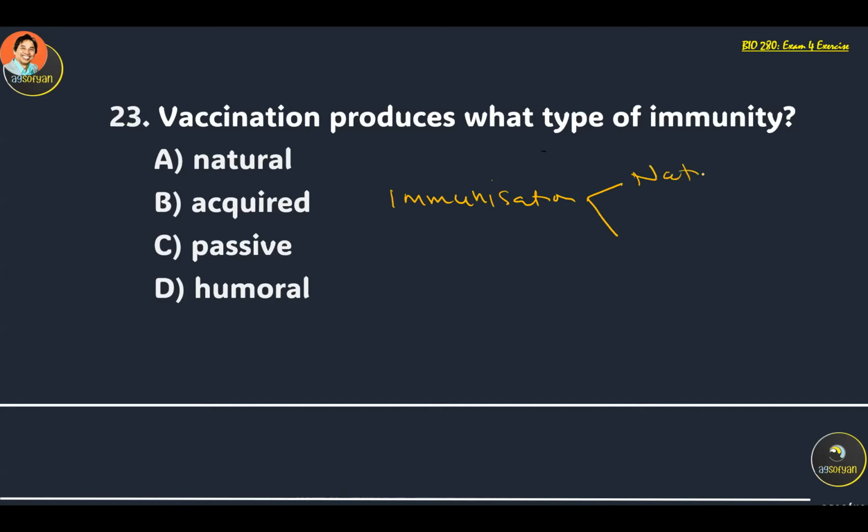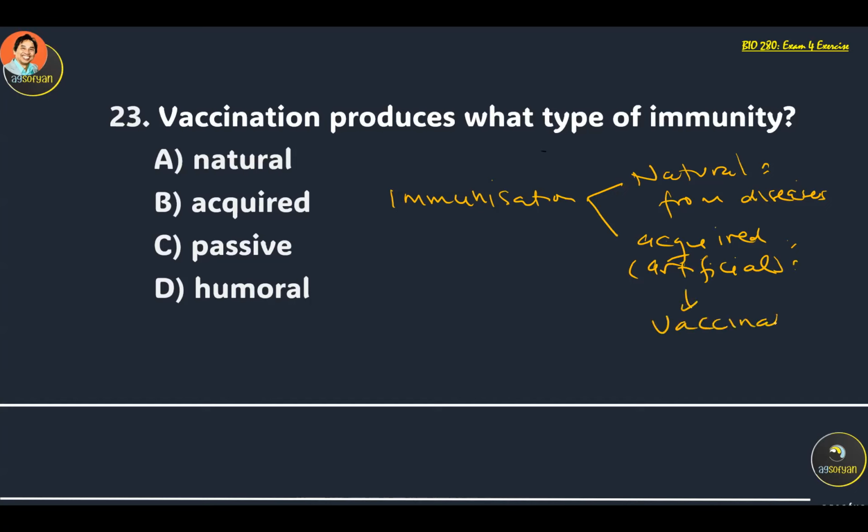The first one is natural, which is from disease, like bacteria or viruses, and then acquired. Another name for acquired is artificial, which is we get it from injection of viruses or bacteria. And this example is vaccination.